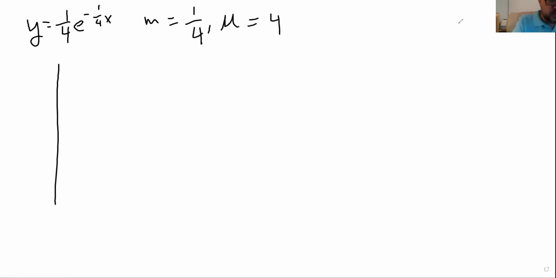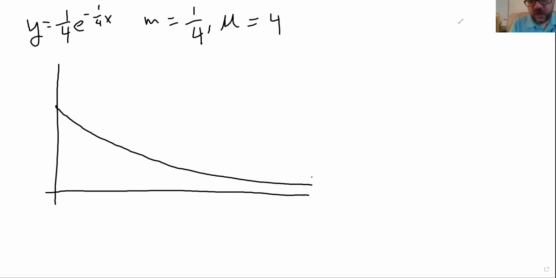Our picture looks something like the one we just had, decreasing kind of shallowly. But one thing I should say about exponential distributions: this formula goes from minus infinity to infinity, but the exponential distribution itself only goes from 0 to infinity, it does not go negative.